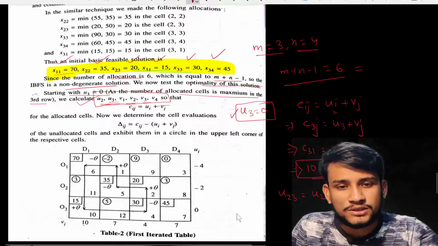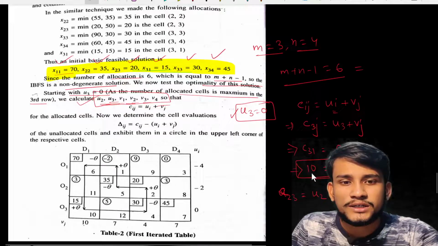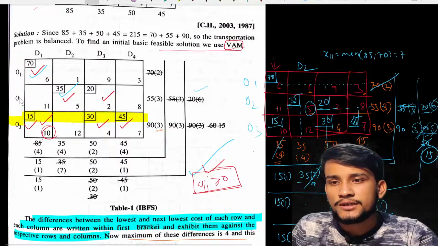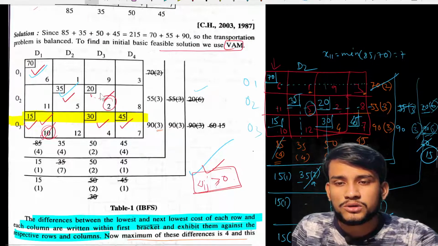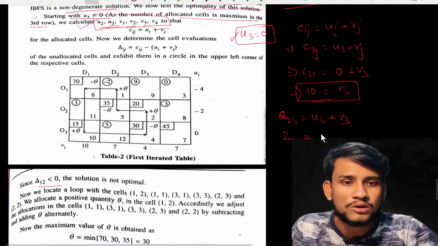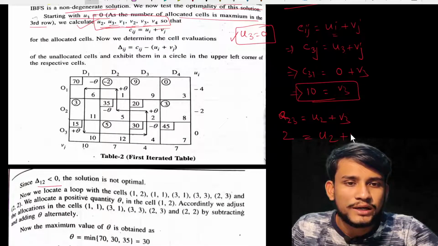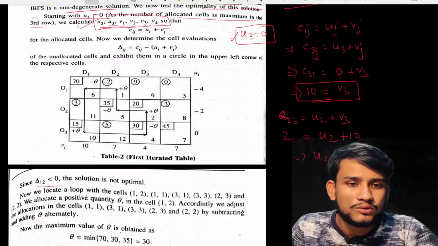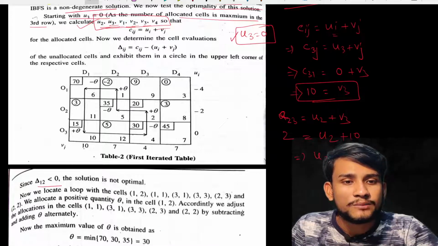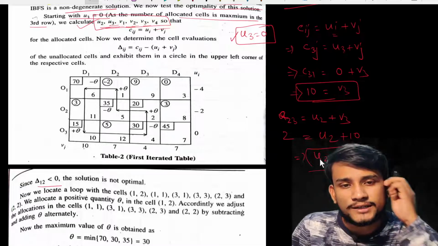The cost c23 is 2, and v3 is 10, so u2 equals minus 8. Okay, u2 equals minus 8.